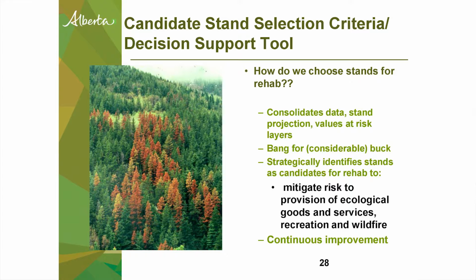So the question was, how do we choose stands for rehab? We had talked about that, and John was saying in his opening talk that a lot of it is that we don't want to add a negative impact to these stands. So it's not just what can we do, let's plant trees to bolster values, right? We can't just go at it from that angle.